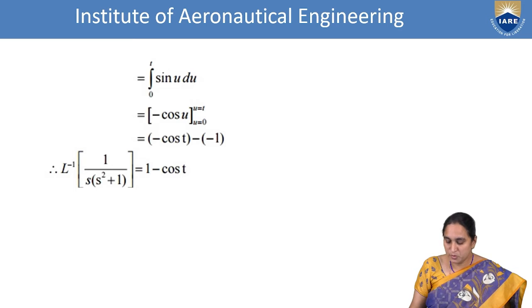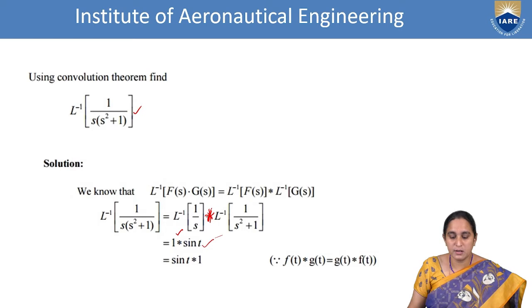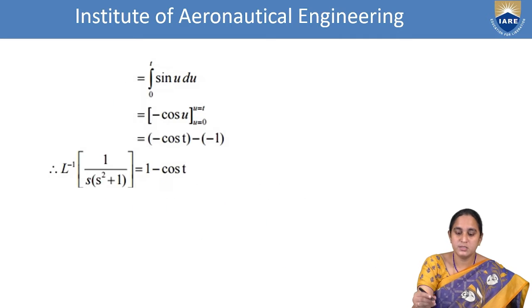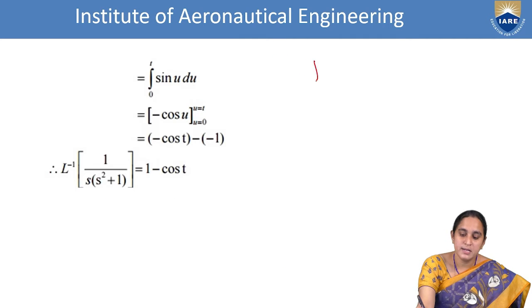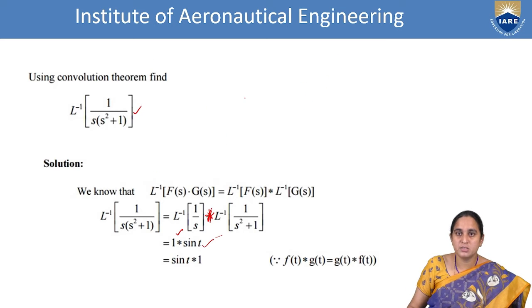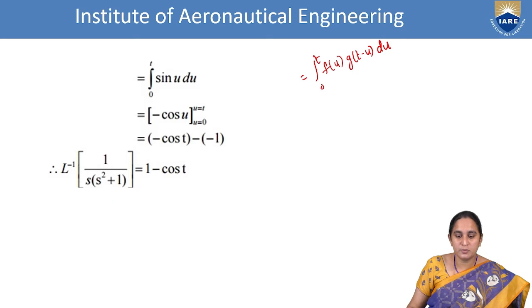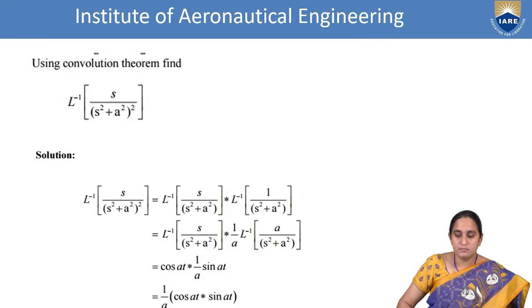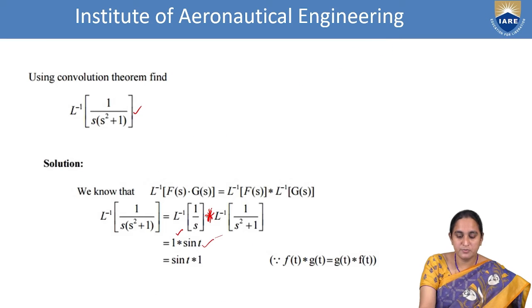Therefore by using convolution theorem here, what is the theorem statement here? Integral 0 to t f of u g of t minus u du. This is the convolution theorem formula. From that, here what is f of u? From the above step, f of u is equal to 1 and g of t minus u is equal to sine t.